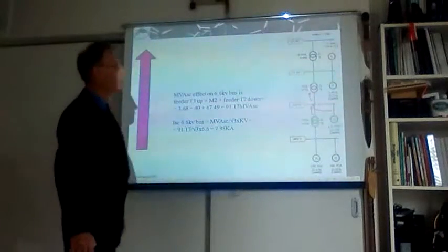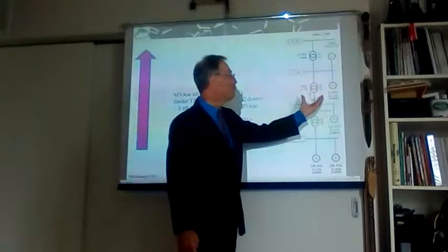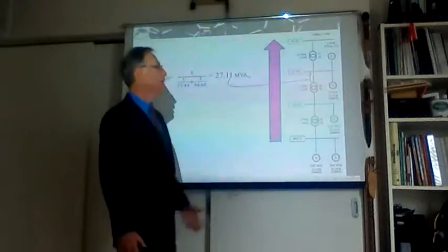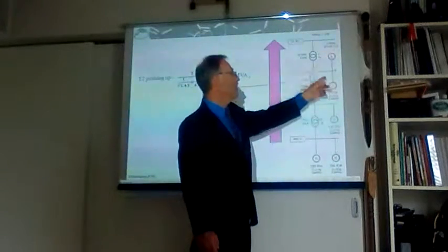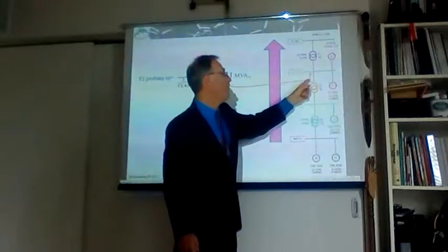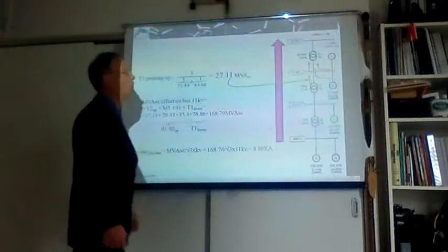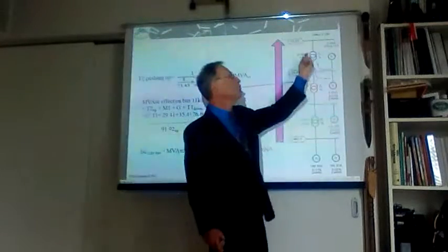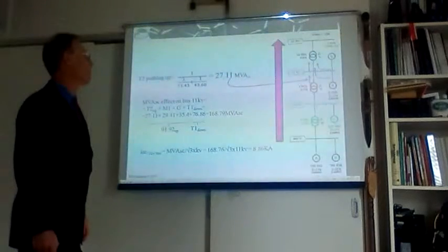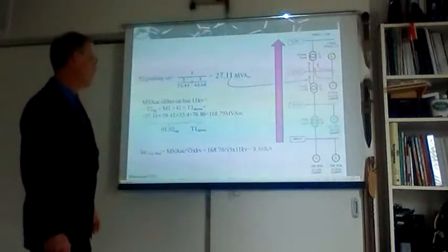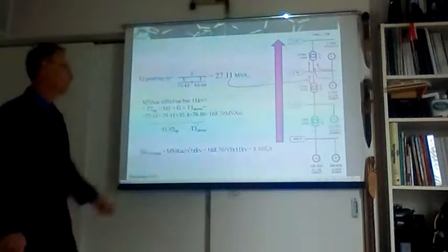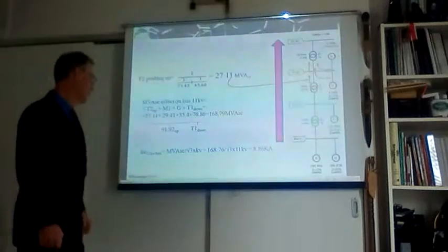Continuing on, we calculate that way all the contribution coming up, going into that bus, coming up. Next we will collect that effect, and that effect together with the transformer, all going into the secondary of the first transformer. And the total will be 168.8 MVA.